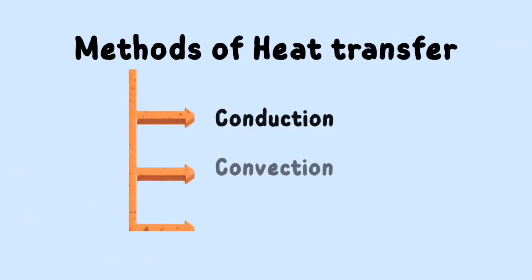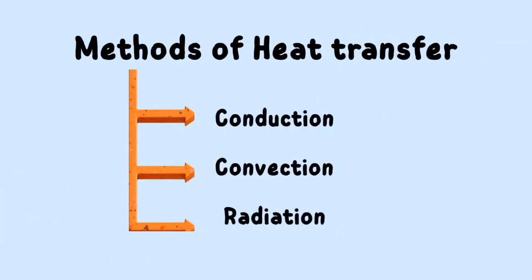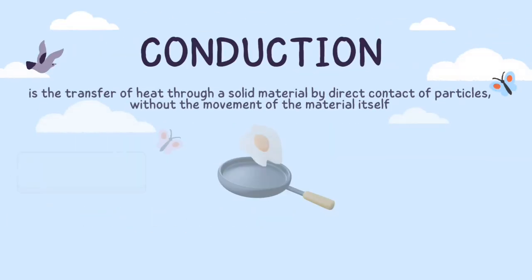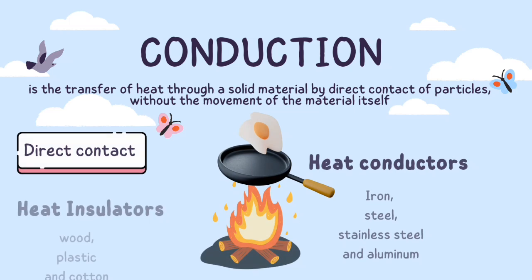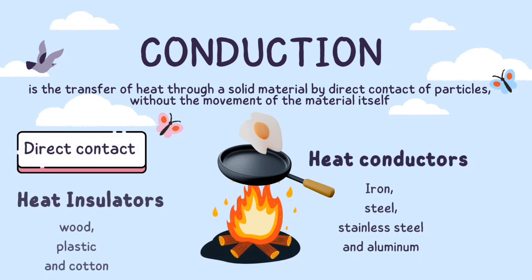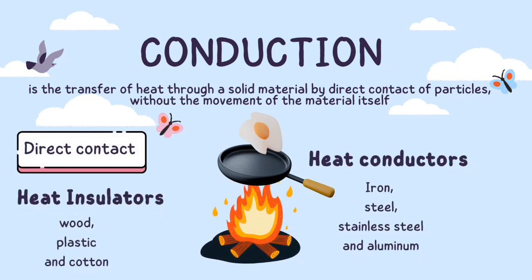Now, let's talk about the different methods of heat transfer. Heat could be transferred in three ways: conduction, convection, and radiation. Conduction is the transfer of heat through a solid material by direct contact of particles without the movement of material itself.